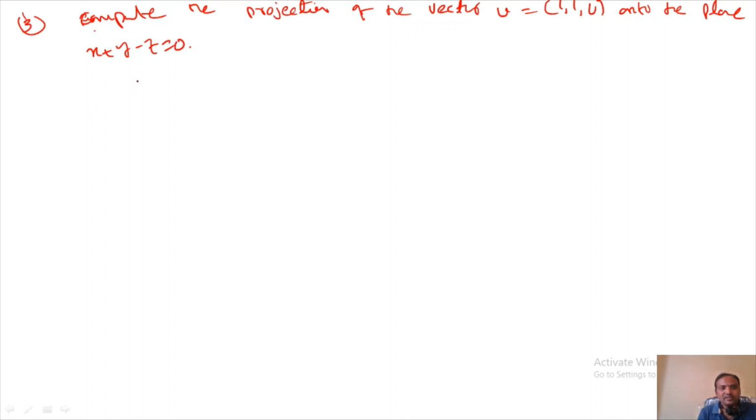Solution. First write the subspace. Subspace W equal to, what is the subspace? (x, y, z) in 3-dimensional space such that x plus y minus z equal to 0.